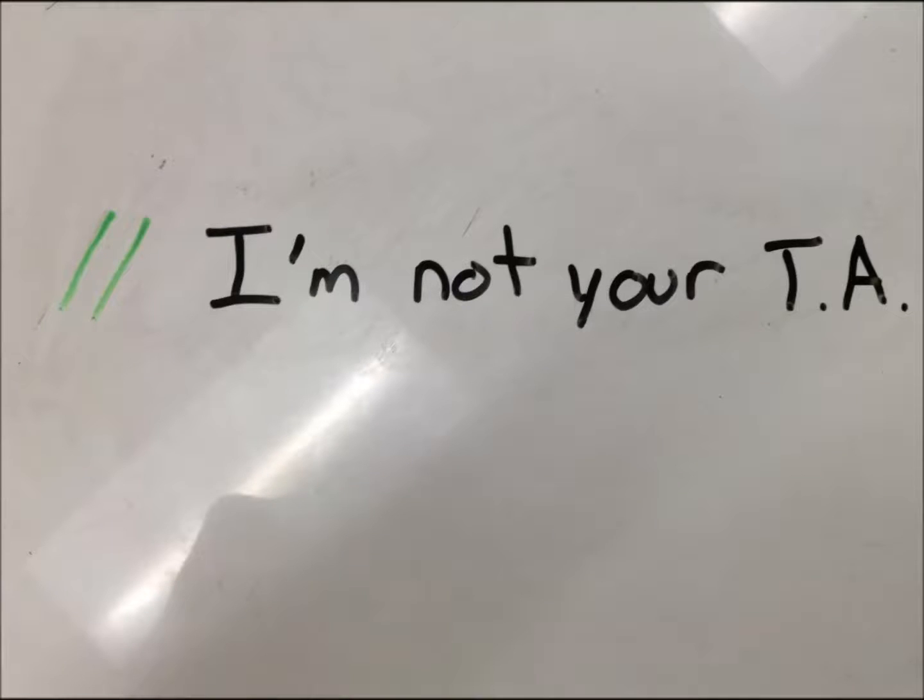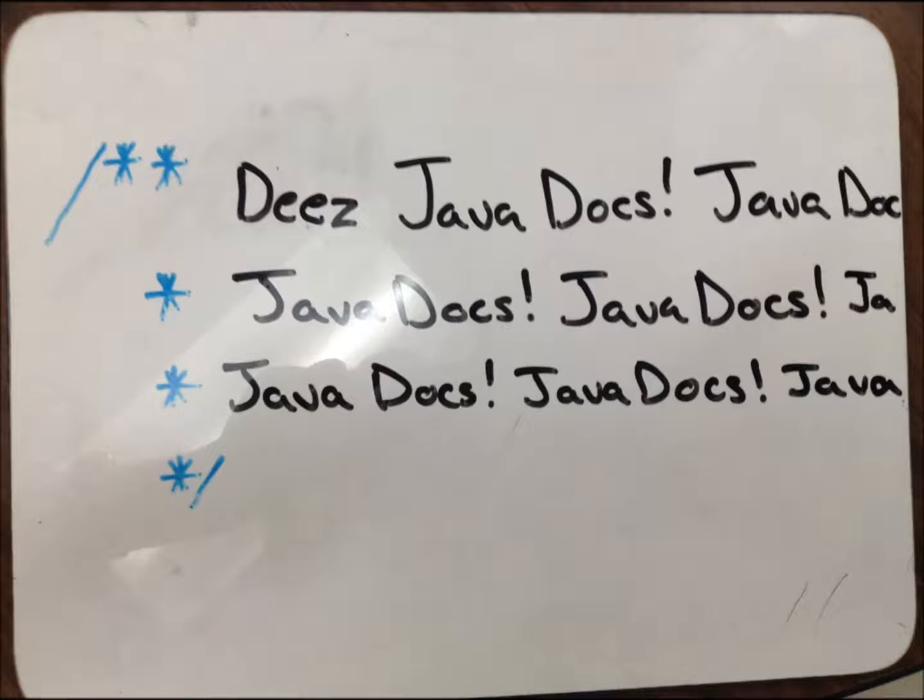This lets you write a single line of comment, starting with the double slashes and ending at the end of the line. This is for Java docs. They can be one or multiple lines and are used to create APIs. I'll discuss Java docs and related jazz and theory in a different video.